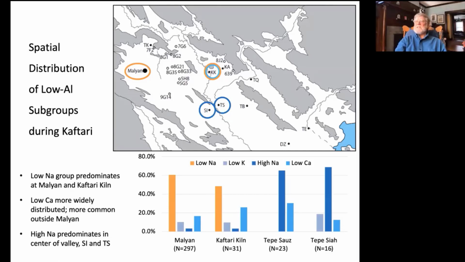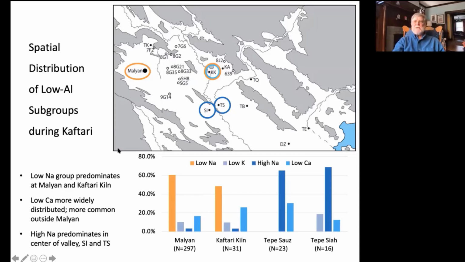The Soz and Sia ceramics are dominated by the high sodium in the low aluminum subgroups. And the low calcium group is found at each of the sites, all of them.